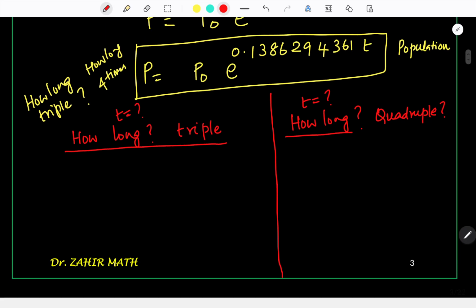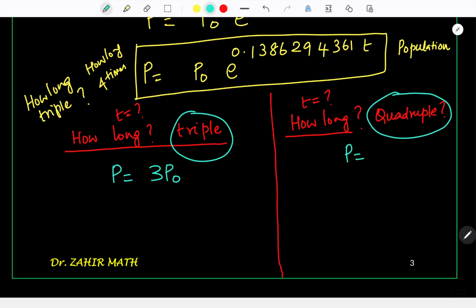So what is given? How long? It means the population will be triple, right? So P equals how much? 3 times P naught. And here quadruple, so population P equals 4 times P naught.